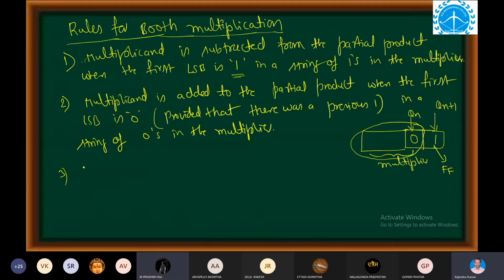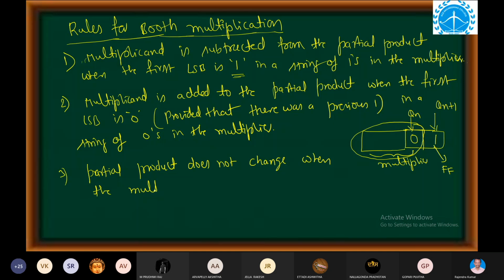The last rule: the partial product does not change when the multiplier bit is identical to the previous multiplier bit.